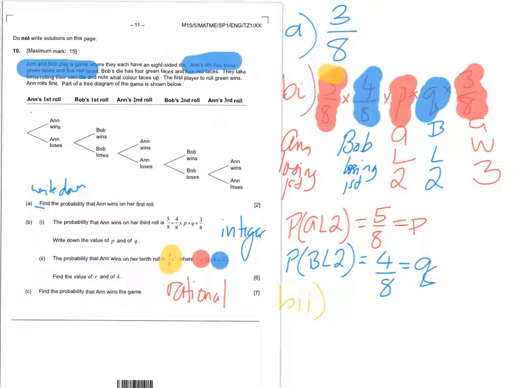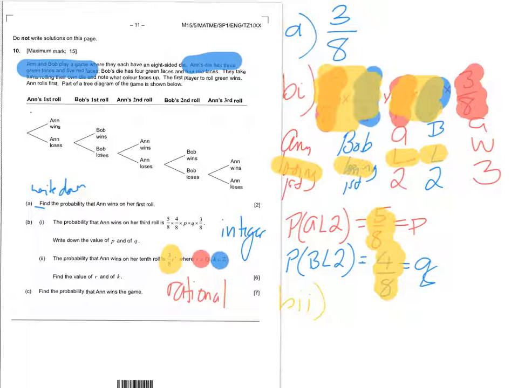So just like here, where they both lost, it was 5/8 and 4/8, 20/64. The next part, P Q, where they both lose, was 5/8 and 4/8, 20/64. Every time that Anne loses and Bob loses, the probability is the same, 5/8 times 4/8, 20/64.